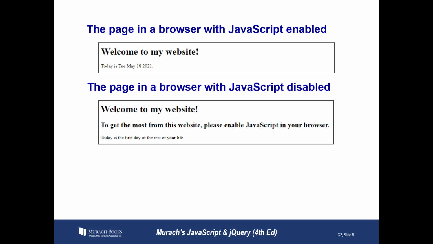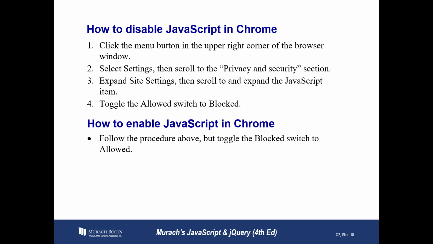So you can see there the difference between JavaScript enabled and JavaScript disabled. And I'm not going to run through how to disable it. You can read that on your own. Chances are, unless you're doing some testing and you're testing a noscript tag, you probably never would want to disable JavaScript in your browser.